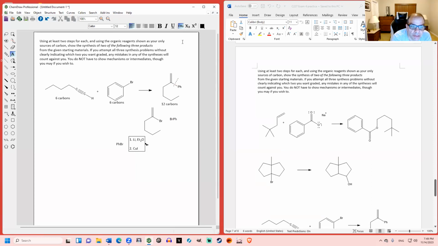That makes the cuprate. And then in the third step, treat it with this bromide, and that would form a new carbon-carbon bond. That would give the product.